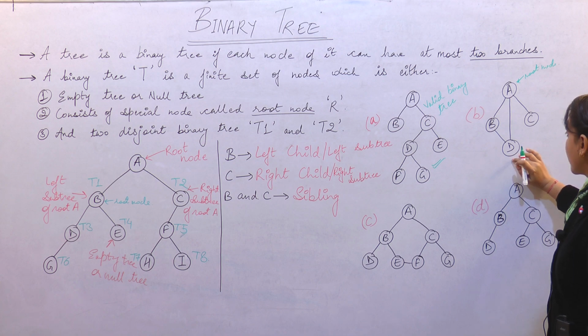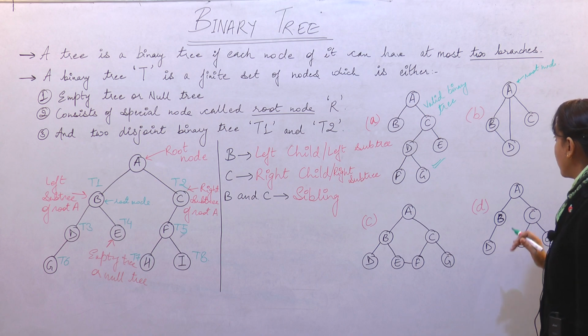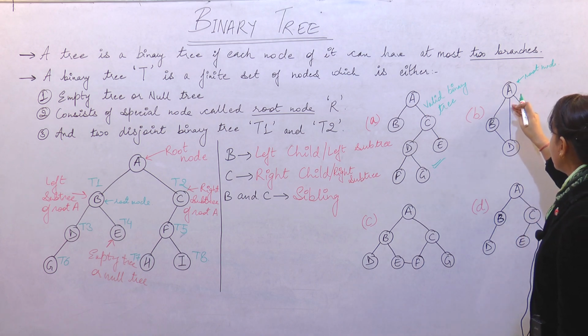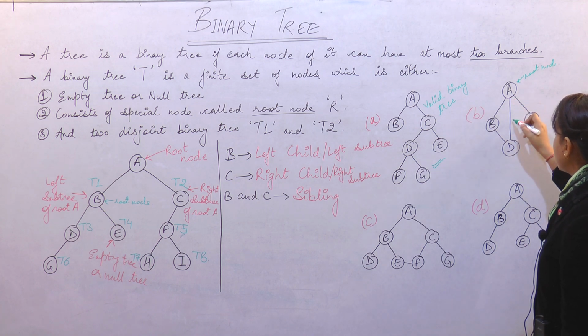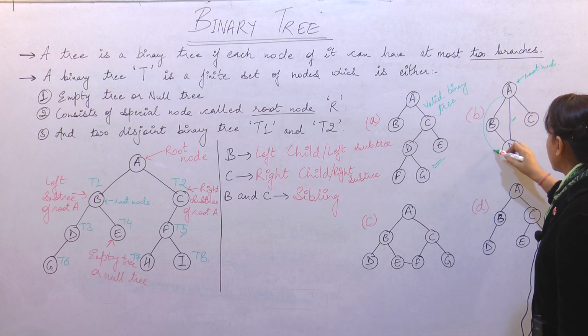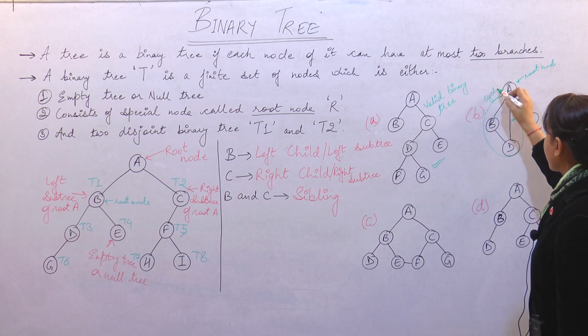This property also gets fulfilled, and C is having no child at all. But here an edge is connecting root node A to D, and this edge connecting A to D will become a loop or a cycle.